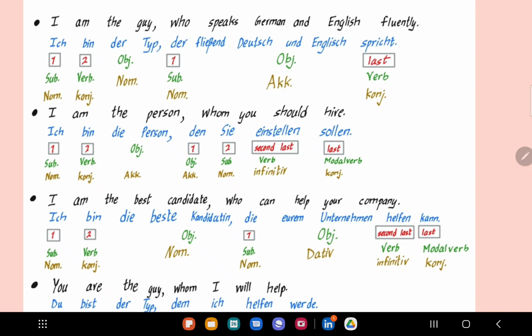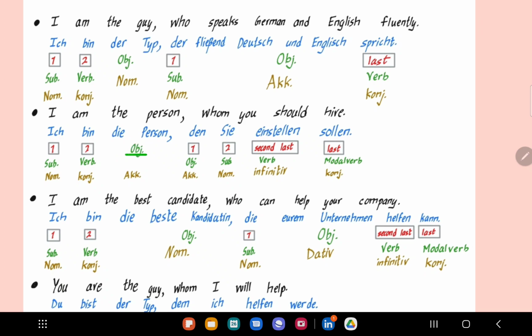I am the person whom you should hire, right? Also notice here the verb goes to the last position. Okay, please remember this when you are writing Relativsätze, the verb goes to the last position. I am the person whom you should hire. Ich bin die Person. Here the person is in accusative, but it doesn't make any difference because the person is feminine, and feminine in accusative and plural in nominative and accusative, they remain die, right?